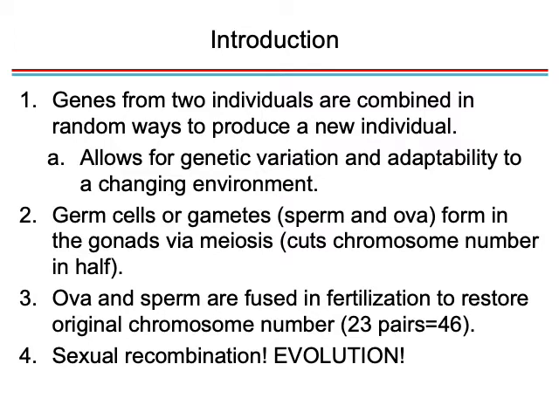Biologically, this is called evolution. Evolution is allowing animals, plants, fungi, etc., to produce genetic changes that can make the organism better or worse over time, depending upon different environments and things like that.